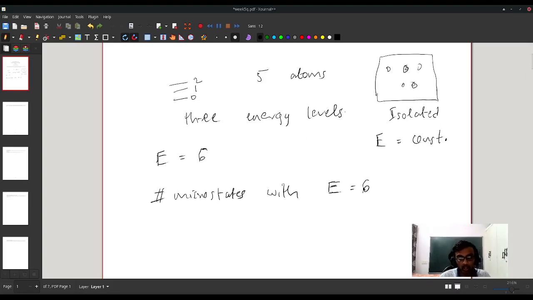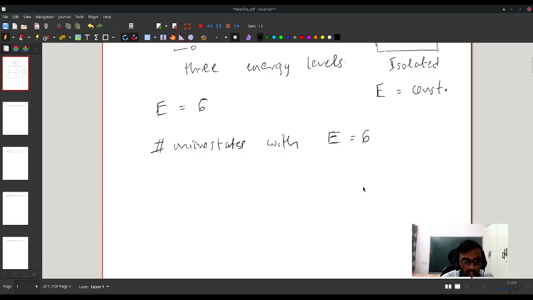Okay, so we can simply try to list all the different types of possibilities. For example, we can have 3 atoms with energy 2.